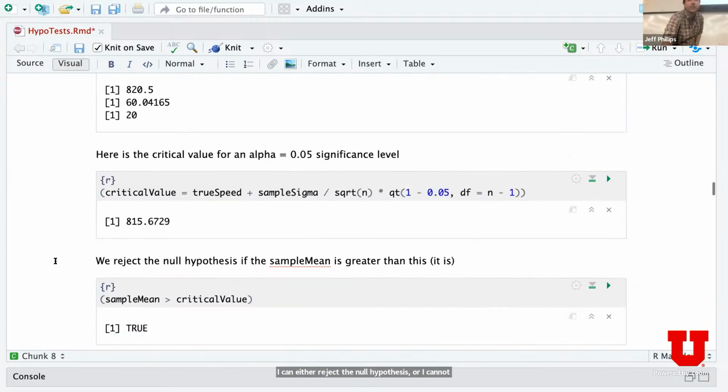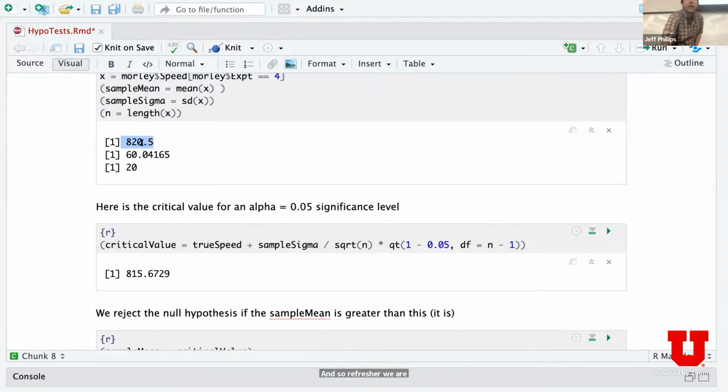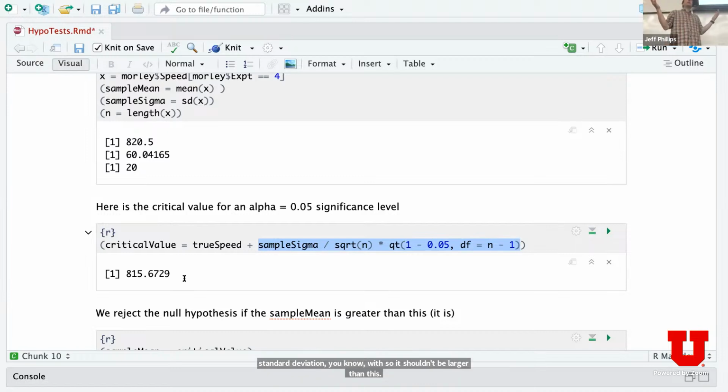As a refresher, our observed value was 820. We said the critical value was the true speed, about 792, plus some value that we're confident it should not be larger than, given this many observations with this sample standard deviation, at alpha equals 0.05. That means 95% of the time we ran this experiment, it should not be larger than this value.